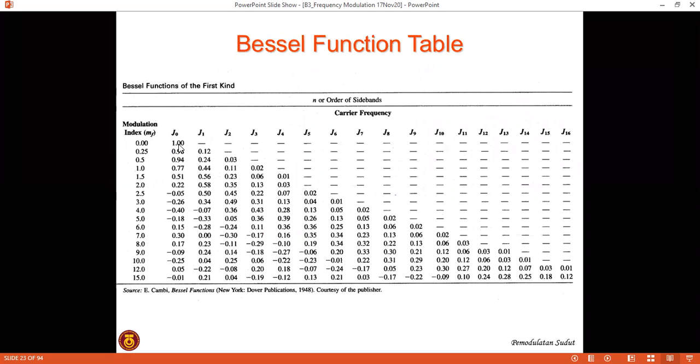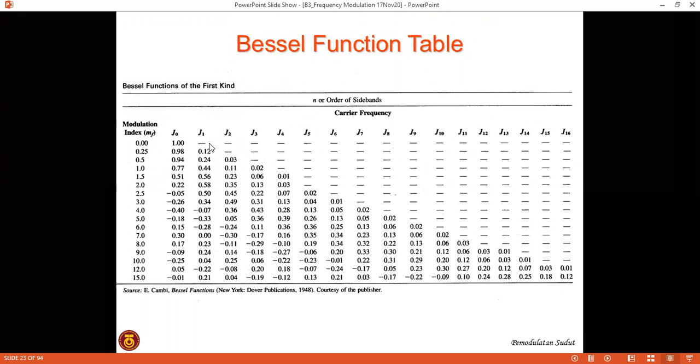These are the normalized amplitudes, so the actual amplitude you have to multiply by EC. For example, when we have no modulation, beta equal to 0, J0 is equal to 1. So the amplitude of our FC is EC J0, which means EC.